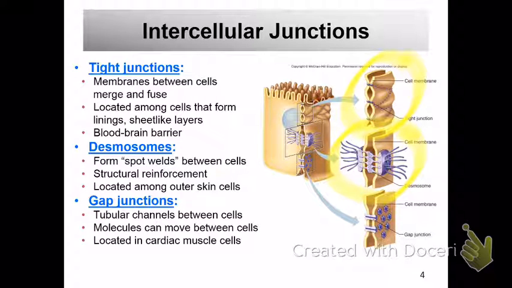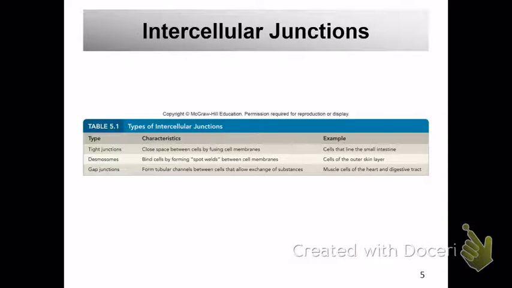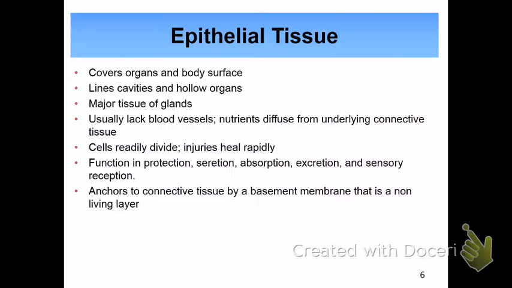So again, they reinforce, holding the cells together. And then the gap junctions, the last one, are like a little tunnel, a passageway. So they could borrow water from each other. They can pass chemicals or messages in between through the gap junctions. So they can share that way, kind of like a little pipe. And there that is in the table too.